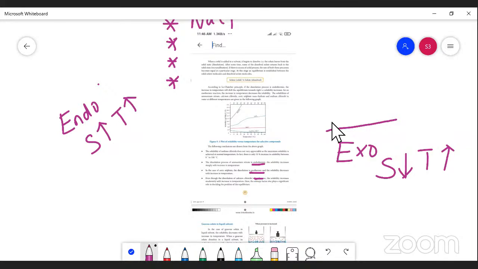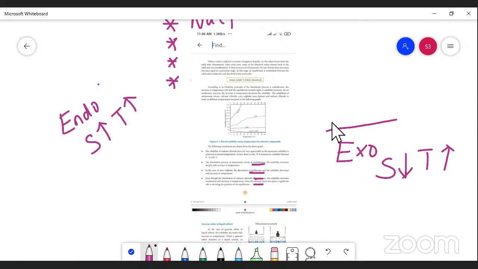This is contradictory to that. Why? Because we cannot determine solubility only with exothermic and endothermic nature. There is another factor called entropy. In thermodynamics, we are going to study entropy in the forthcoming weeks. Entropy also plays a vital role in determining solubility.